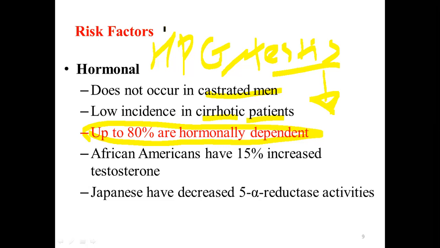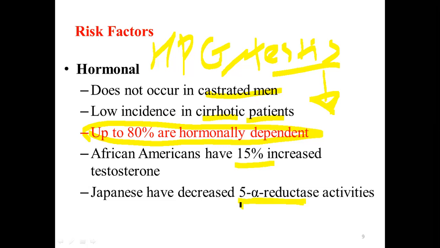Do you know African Americans have a 50% increased testosterone level, so they're high risk. And according to some racial studies, Japanese normally have a reduced level of the 5-alpha reductase enzyme. Do you know the role of 5-alpha reductase enzyme?